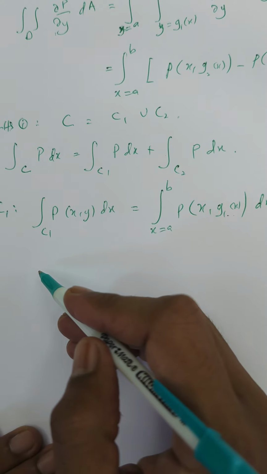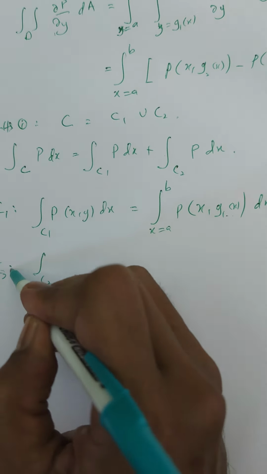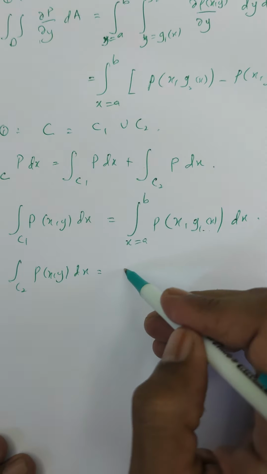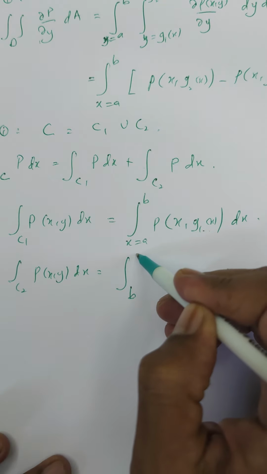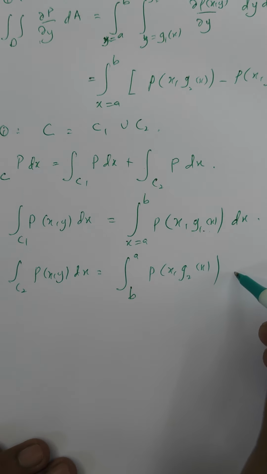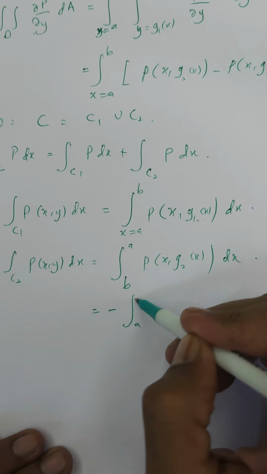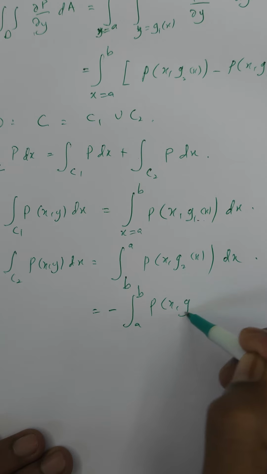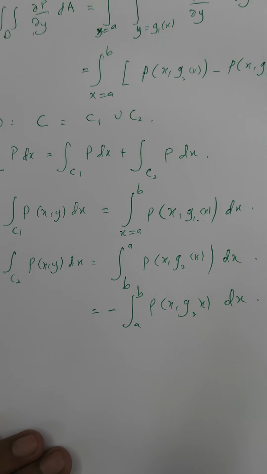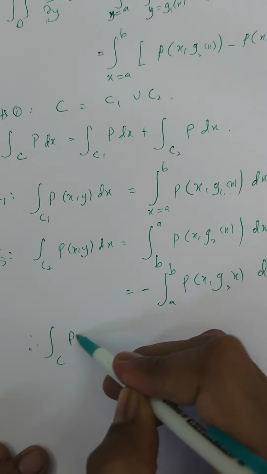Whereas for C2, we integrate P dx from B to A of P(x, g2(x)) dx. This is just the same as minus the integral from A to B of P(x, g2(x)) dx.